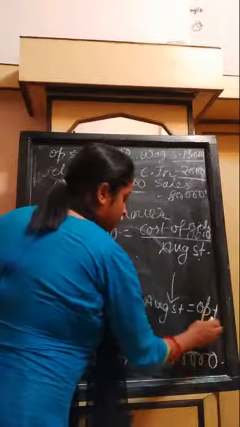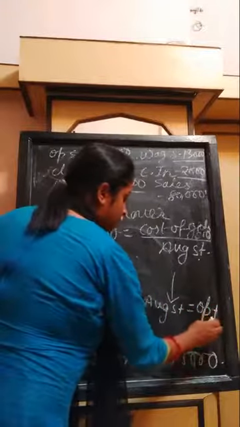That is 20,000 plus 10,000 divided by 2. 30,000 by 2 gives you 15,000. 15,000 is the average stock.